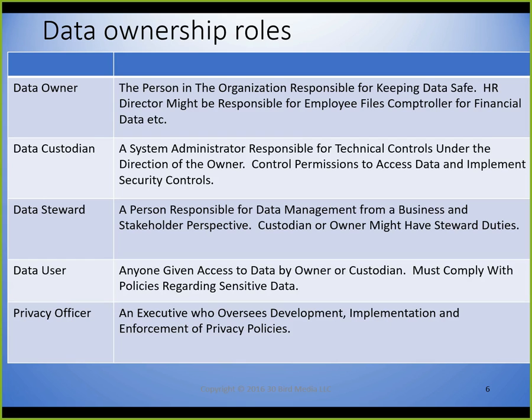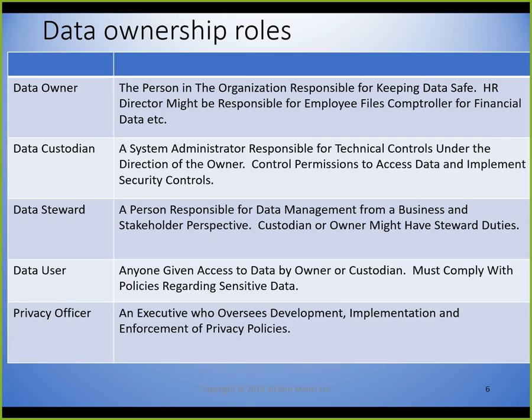The IT people are going to be responsible for the technical controls under the direction of the owner. They're going to tell us how much protection does the data need. Control permissions to access the data and implement the security controls. And then the data steward is the person responsible for the management from a business and stakeholders perspective. And a custodian and the owner might have the steward duties.